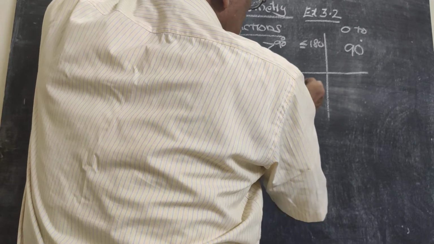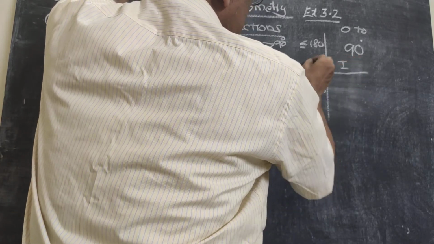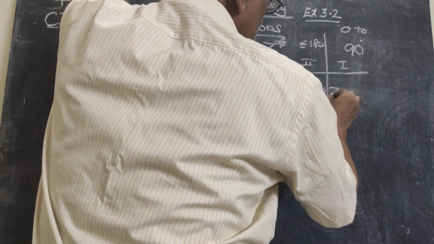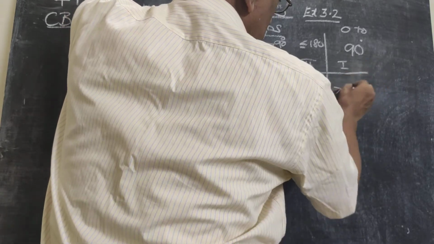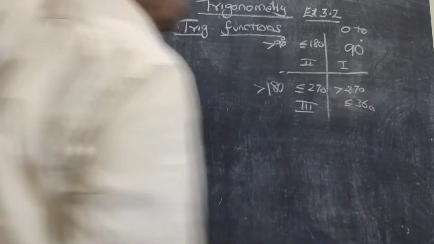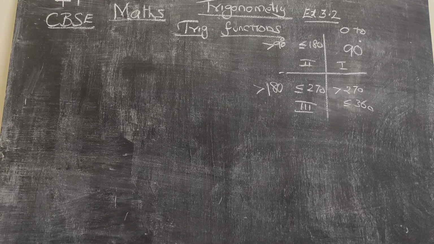Similarly, more than 180 degrees but less than or equal to 270 degrees is your third quadrant. And the fourth quadrant is more than 270 and up to 360. So, a circle is divided into 4 quadrants, up to 90 is the first quadrant. And if theta lies in the first quadrant, you know how to find the values.